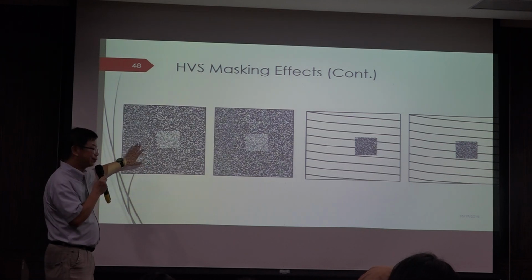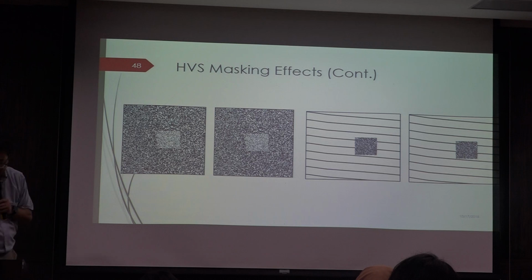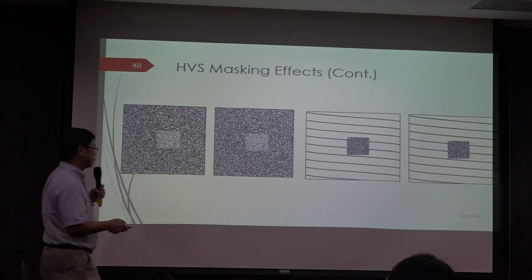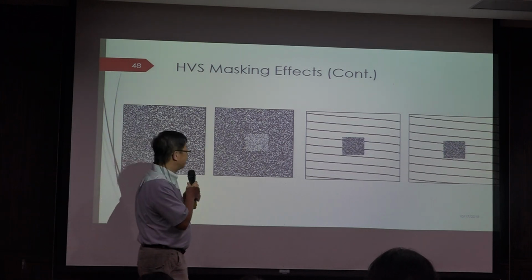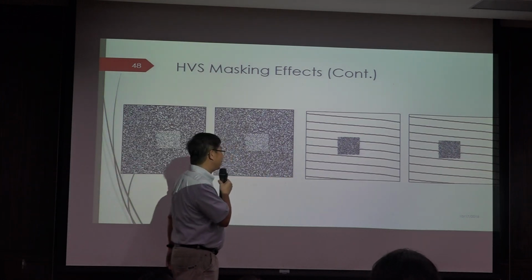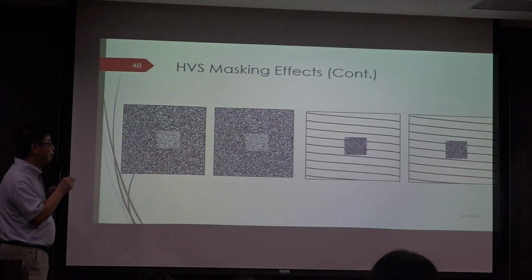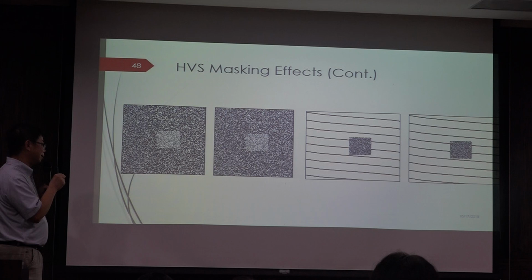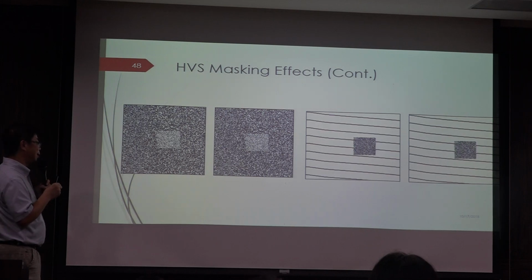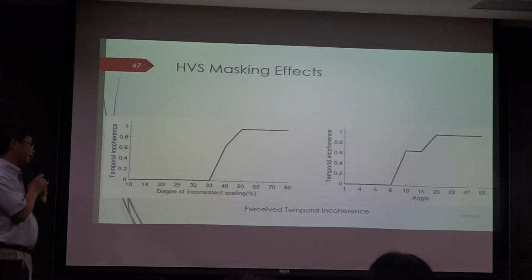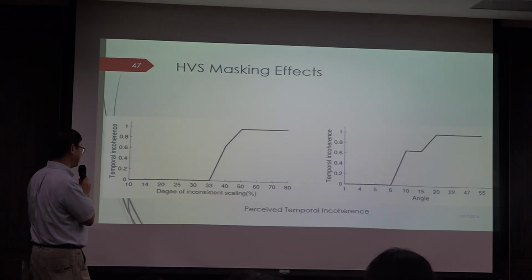So we use random dot patterns, and we also use orientation-specific textures and change the size on the boundary non-paired regions inconsistently, to evaluate the masking effect of the HVS on this kind of temporal inconsistency.